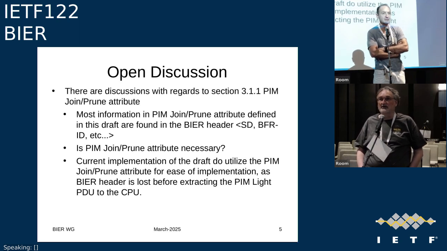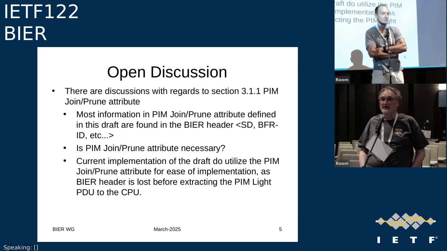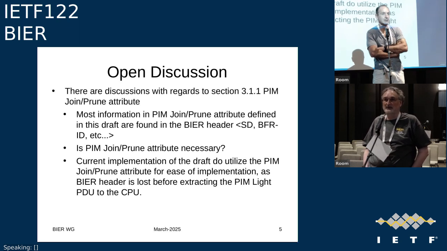I think that's what Jeffrey was saying: for the simple case, it would be good enough to use the IP address from the header. For the more complex case, if you don't have multiple BFR IDs, one for every SD, SI, bit combination, and you don't have a mapping to a different IP address, but they're all mapped to the same IP address, then you need the join. Then you need the new attribute.